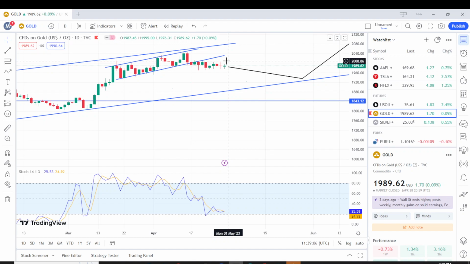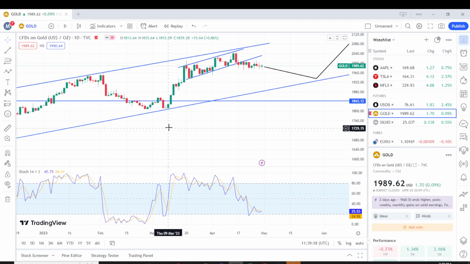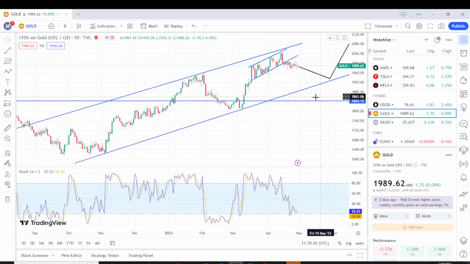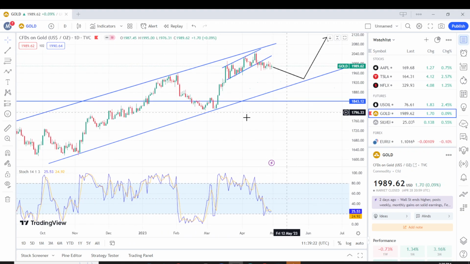We expect price now either to go down or to shoot upwards, depending on which side the price will break. Let me try to zoom in. So that is the clear picture of how the gold daily chart looks.